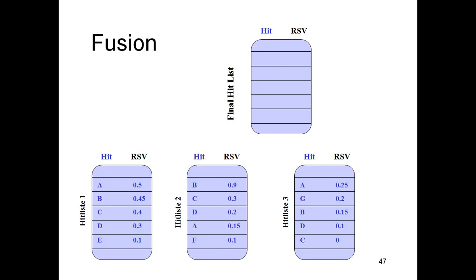What would be the top document in this case? What do you think? How can we calculate one list from 3 or more lists? What is the number 1 hit?